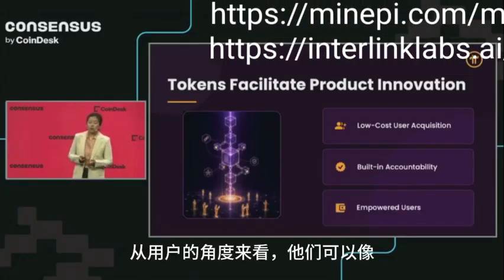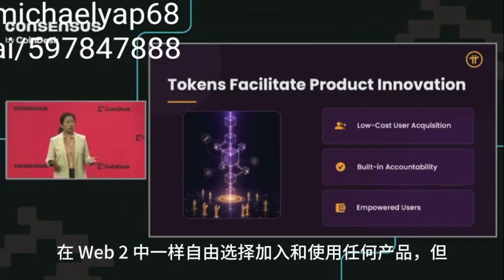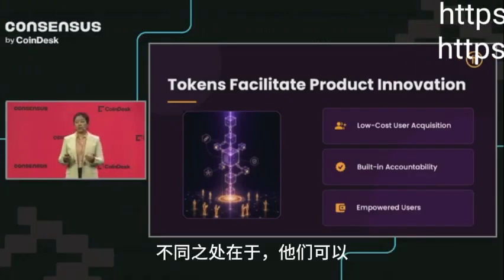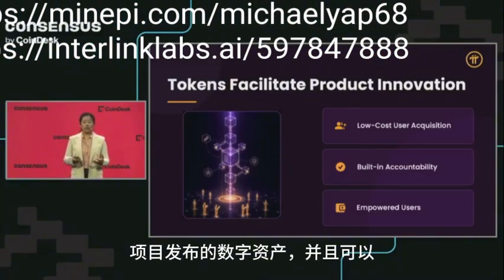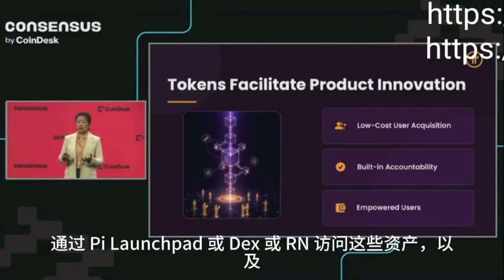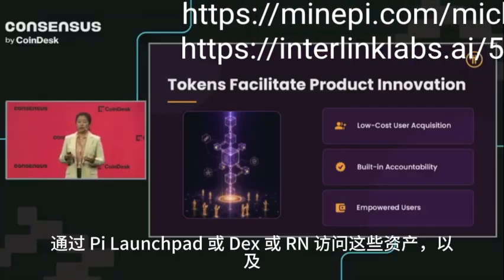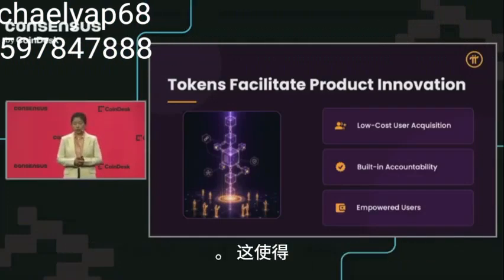From the user's perspective, they have the free choice to join and use any products like they do in Web 2, but with the difference that they have additional access to this digital asset released by the project, and can access it through Pi Launchpad or DEX or AMM, as well as their ability to own and use these assets in the products of these projects.